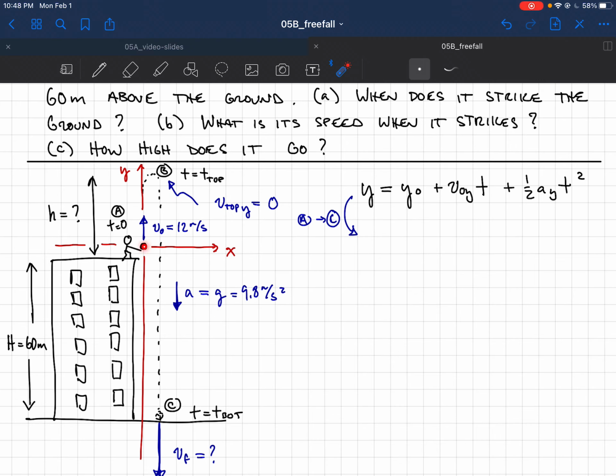So this is a y position of 0, and anything below, because I pointed my y-axis upward, is a negative y position. So the tick mark where it hits the ground is going to be a negative number, and it's going to be exactly equal to minus h, minus 60 meters. So the value of y is minus h.